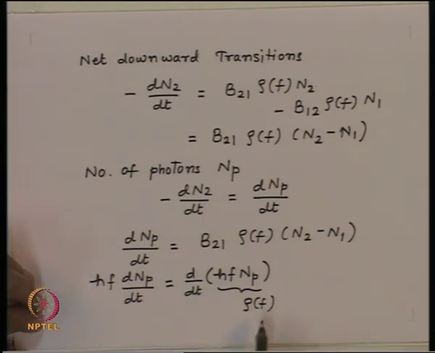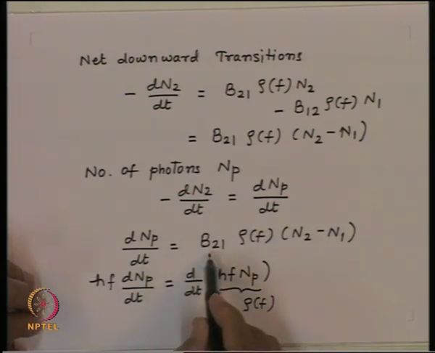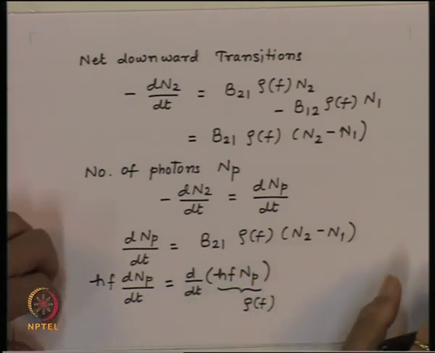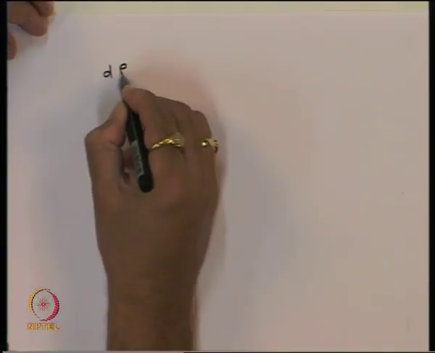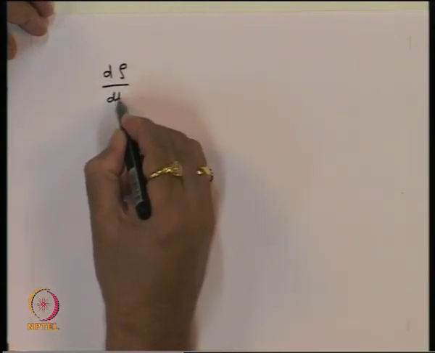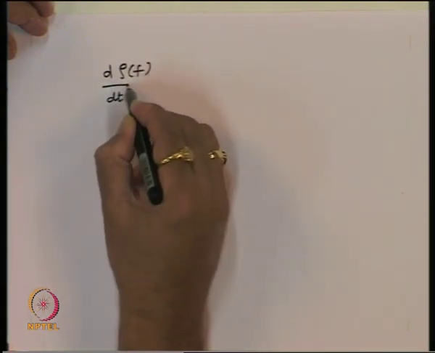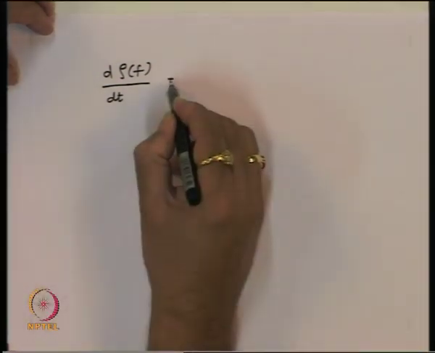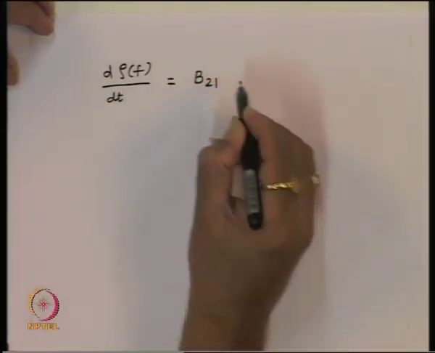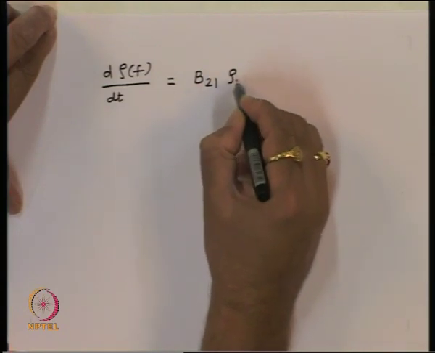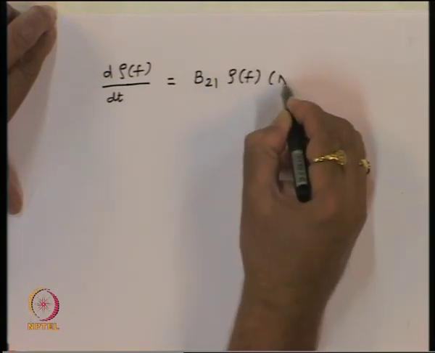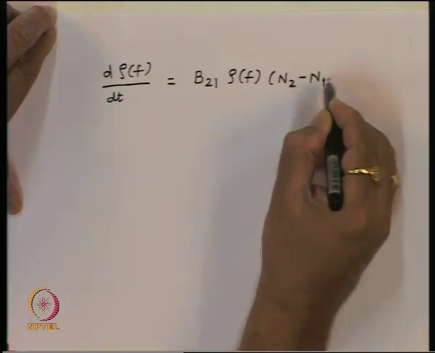So, now we got a very nice relationship that the rate of change of this photon flux from the system will be equal to B21 rho of f into N2 minus N1. So, we got the equation for the photon flux from the system, which is d rho by dt as a function of frequency, that is equal to B21 rho of f into N2 minus N1.